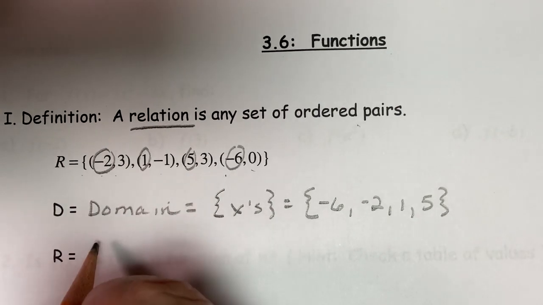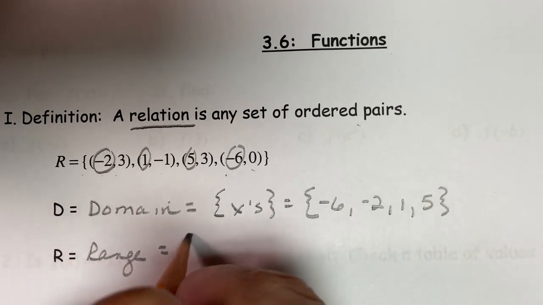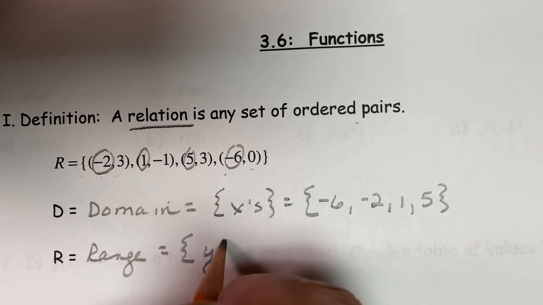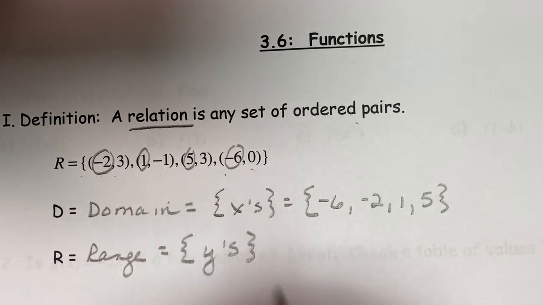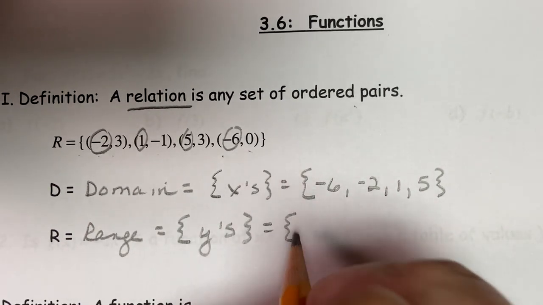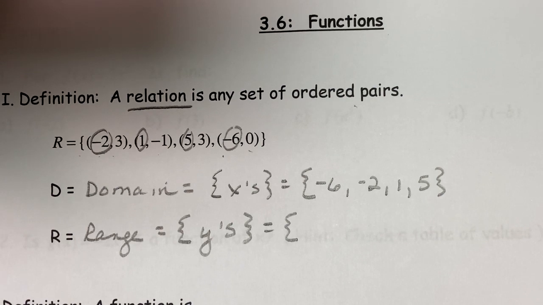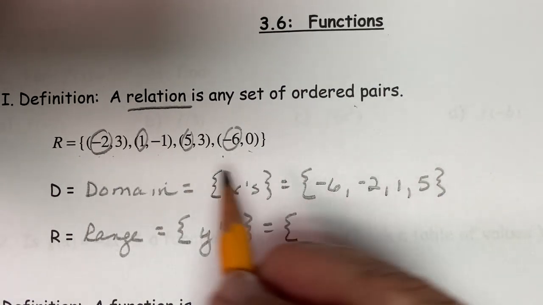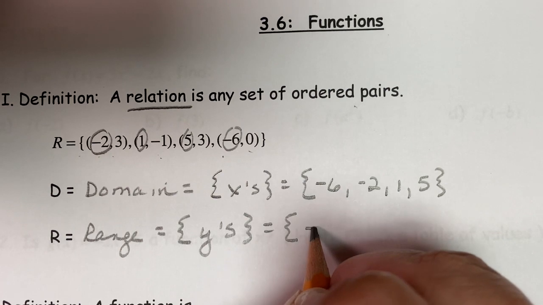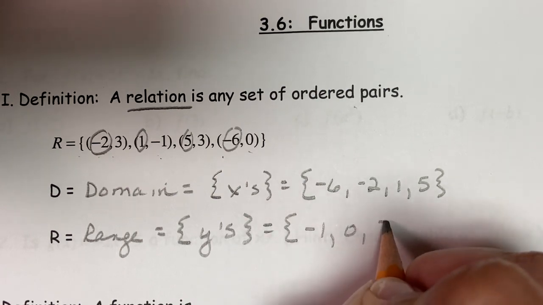The R stands for range. Every relation also has a range, and probably no surprise, the range is the set of all of the y's. So in our case up there, if I look at all of the y's and list them in order, I'm seeing -1, then I'm seeing 0, and then I'm seeing 3.